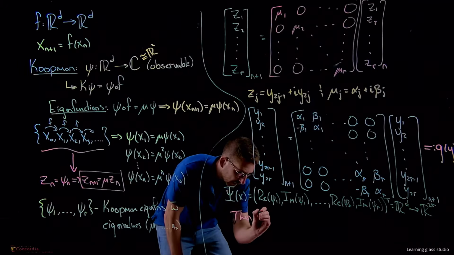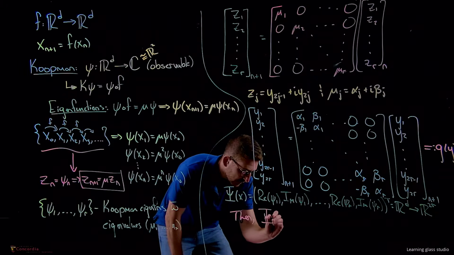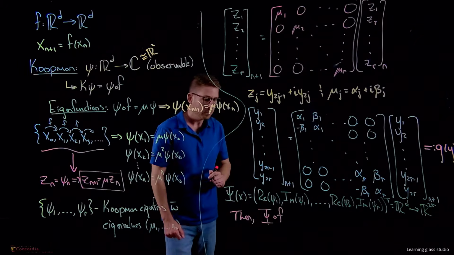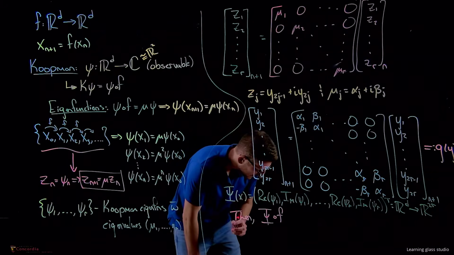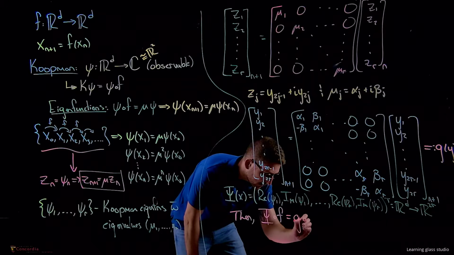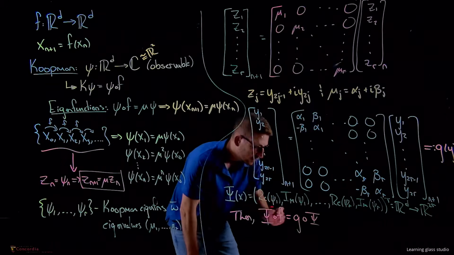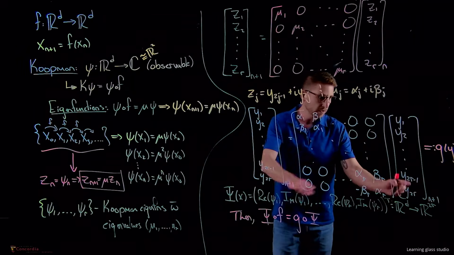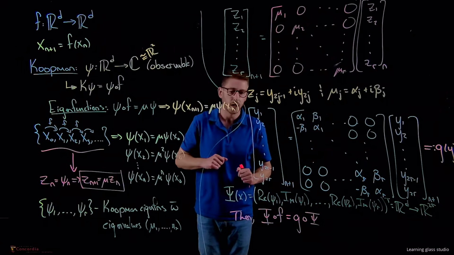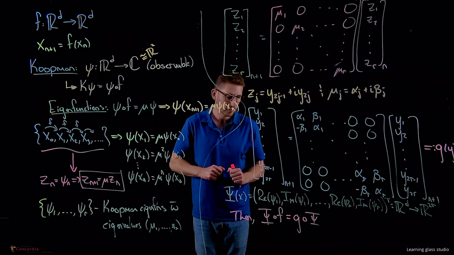If I take psi and compose it with f, so that's all of these things at x n plus 1, this is the same as g composed with psi. It is the same as transforming to these coordinates and pushing forward in time by one time unit.